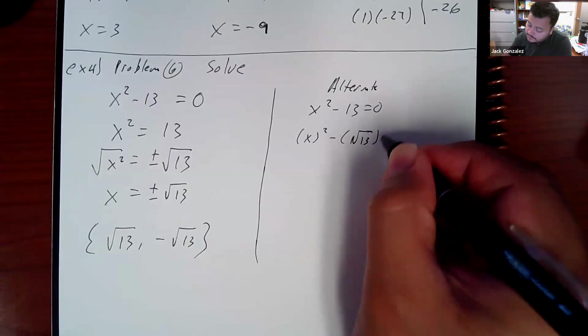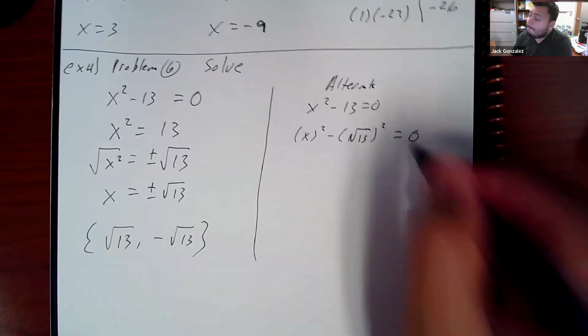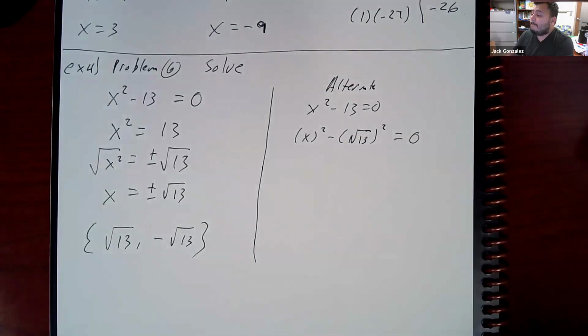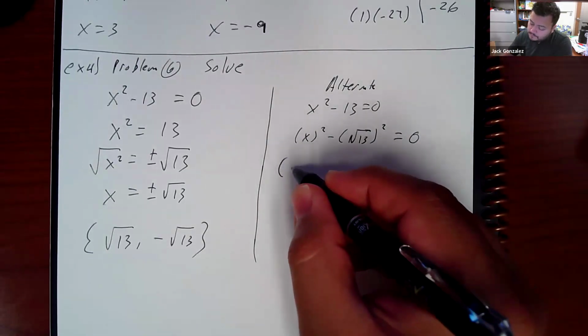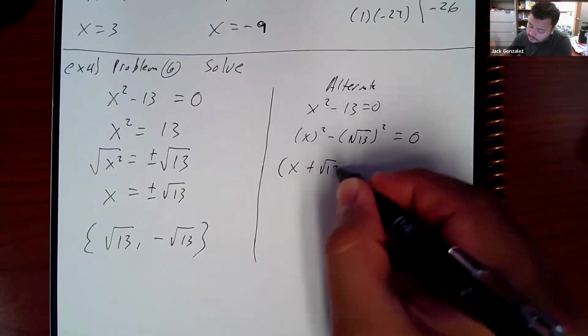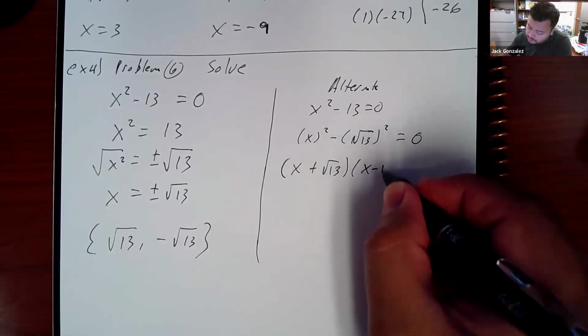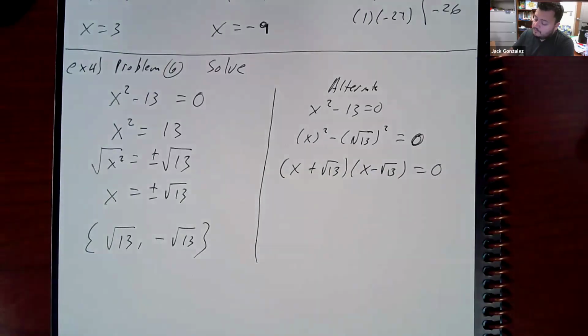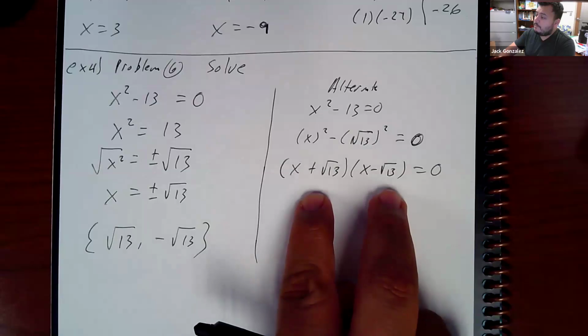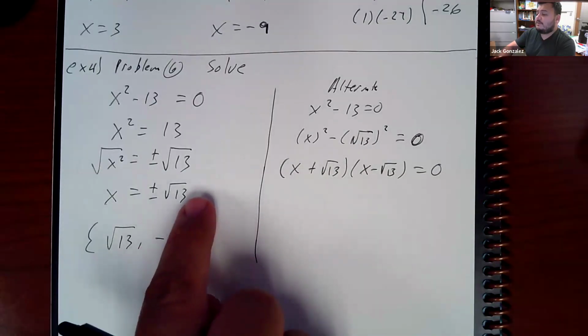If I square this number, you agree it's the same as 13? So you could do this and then solve, you're gonna end up getting these two. See what I mean?